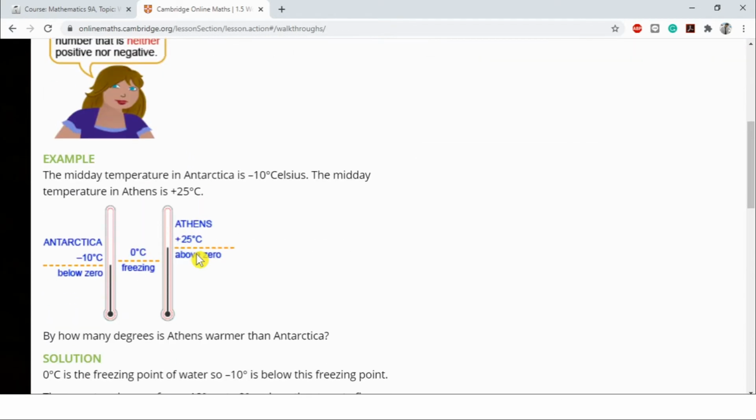All right, let's see the example here. The midday temperature in Antarctica is negative 10 degrees Celsius, and the midday temperature in Athens is plus 25 degrees Celsius. So this is how we can use directed numbers, positive and negative, in daily life, in temperature as I mentioned before.